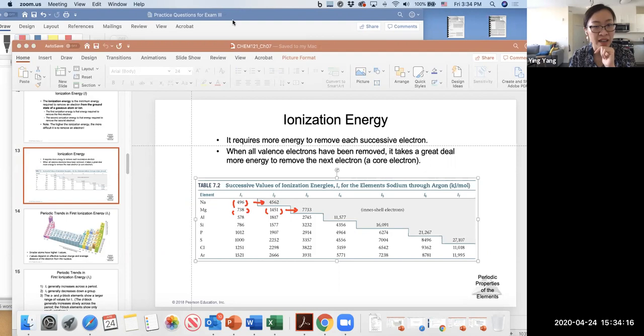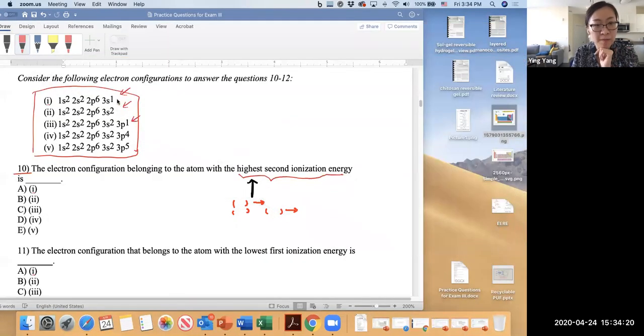So let's take a look at it to see if we have a case like this. Here, if we remove one electron, we just remove the valence electron. However, if we remove one more, then we have to remove one electron from this octet structure, which is energetically very unfavorable. Therefore, it will have a very high second ionization energy.